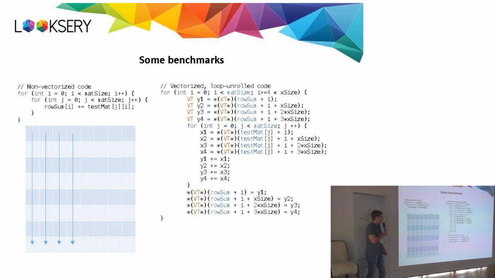And this is the moment where caches come into play. Because in this situation, if we change the rows, then we won't use our caches efficiently, because a cache line on an ARM CPU is 32 bytes long.